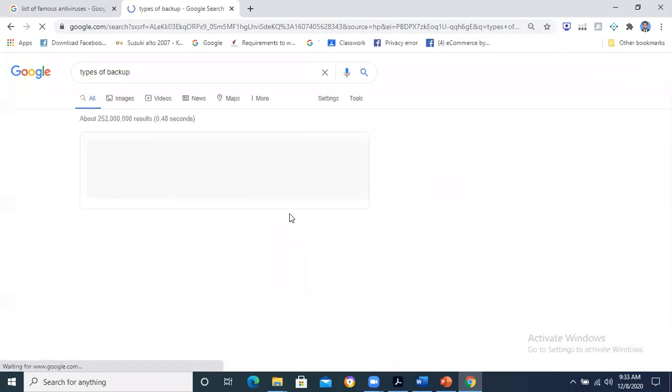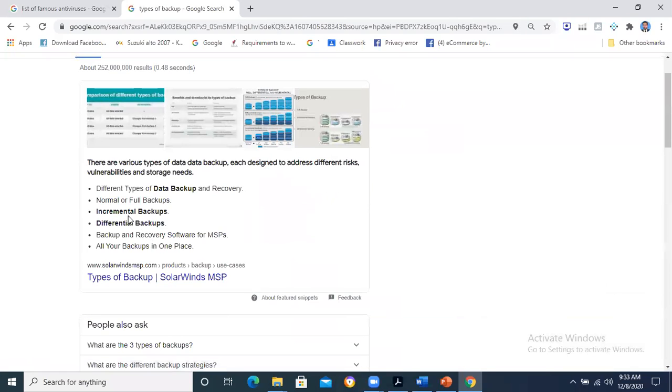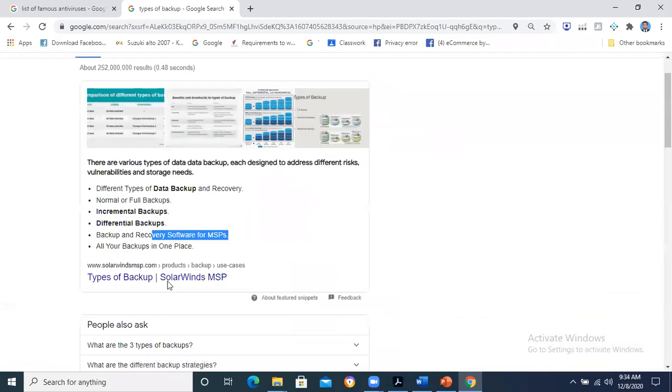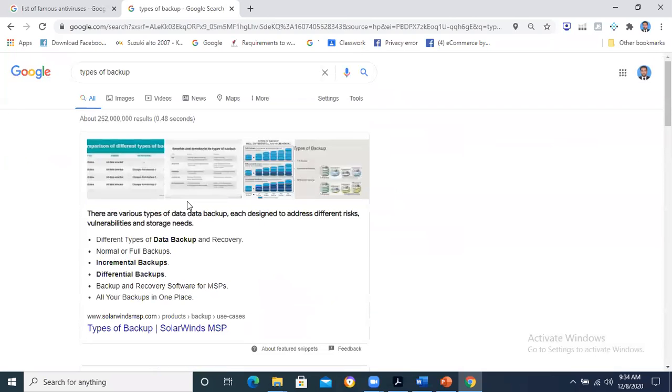How many types of backups are there? You will see normal backup, full backup, incremental backup, differential backup. So there are different types available for even only one phenomenon of backup: how you can take backup.